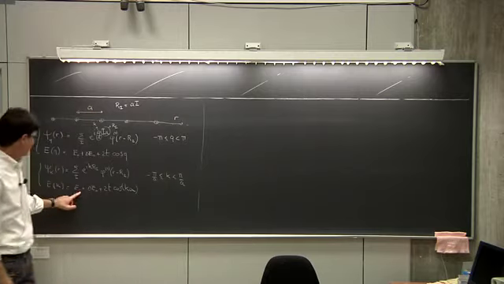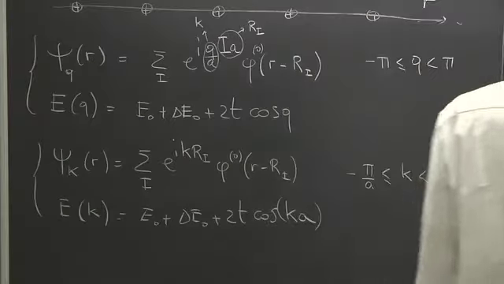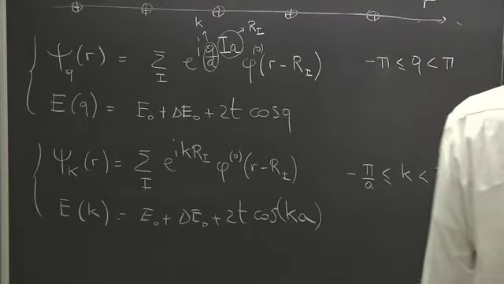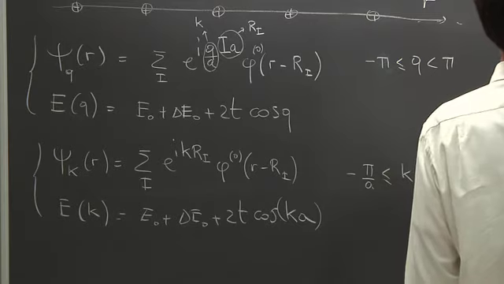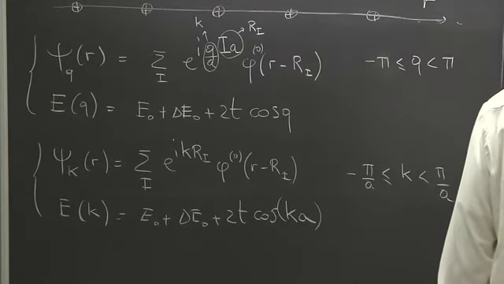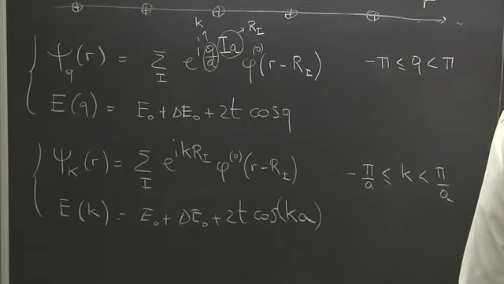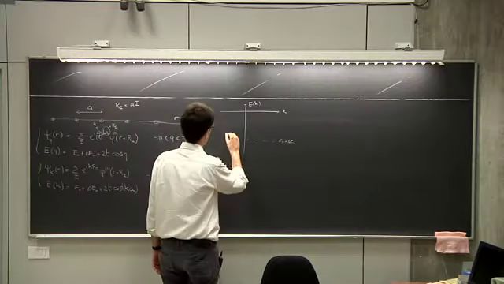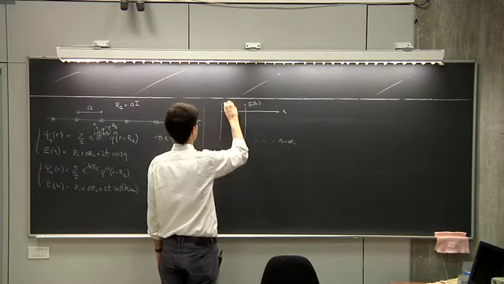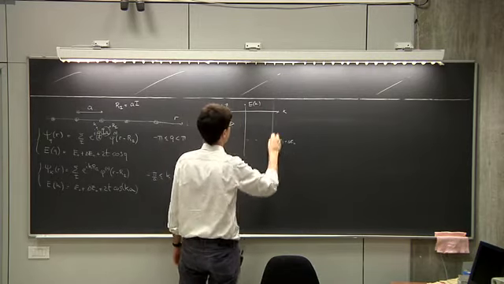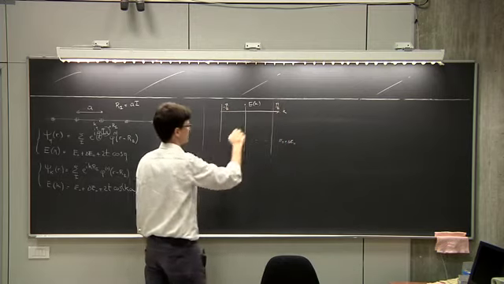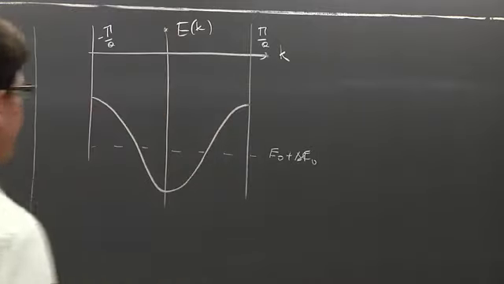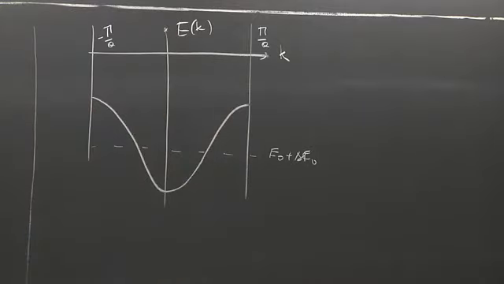So let me now plot again this function. I'm just replotting. Let me do it properly. Now I'm putting E naught plus delta naught as a negative number. This is minus pi over a. This is pi over a. We're now as a function of k, and this is the energy as a function of k.